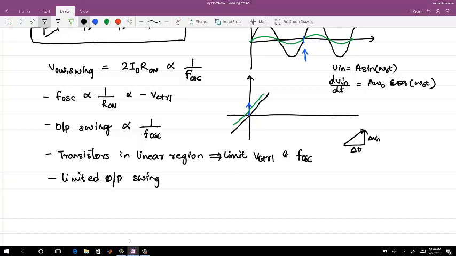The slope depends on the amplitude of the sine wave. If A1 is greater than A2 and the same noise is injected, what should be the sign?